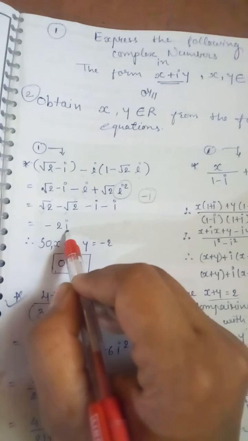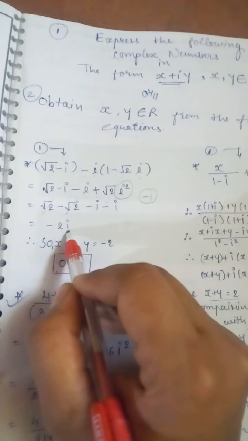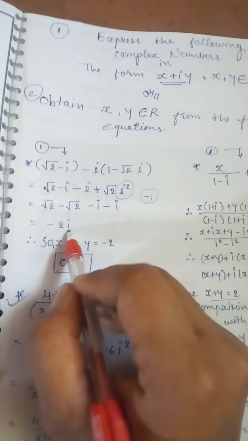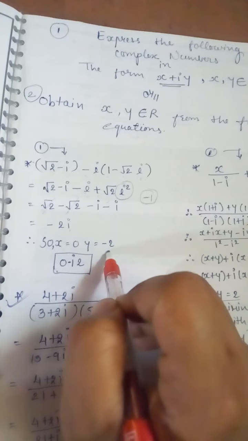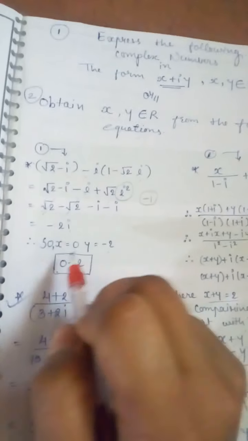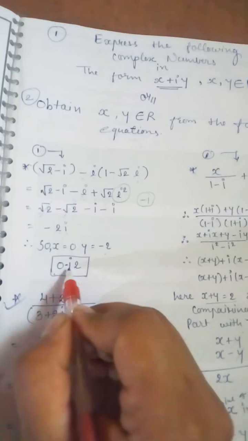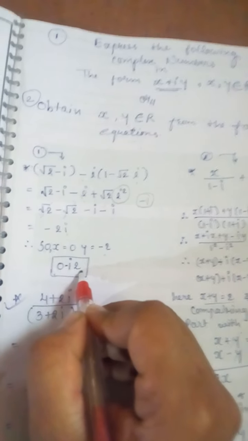So the real part is not present, x is equal to 0, y is equal to minus 2, but the answer will be in the form 0 minus 2i, or minus 2i.